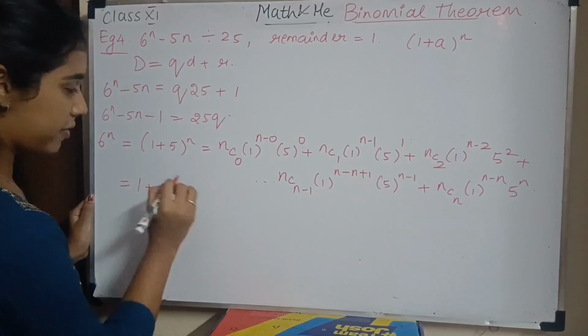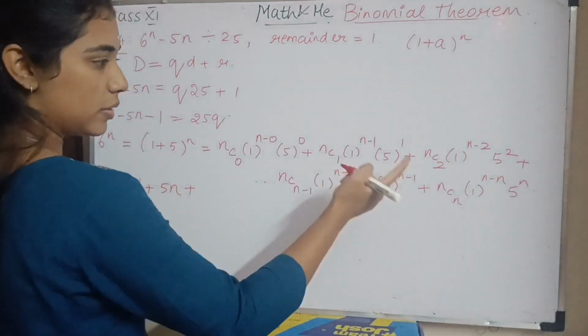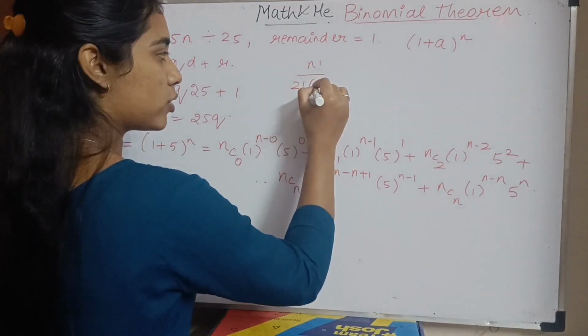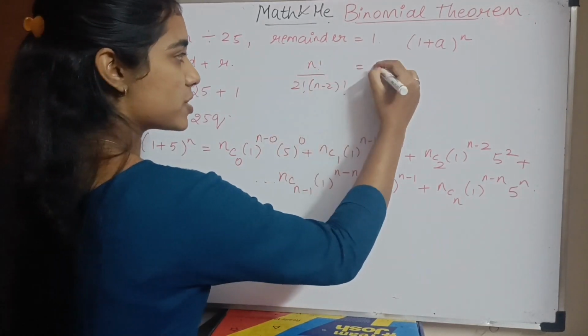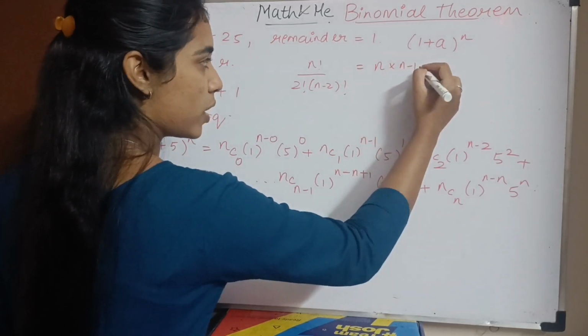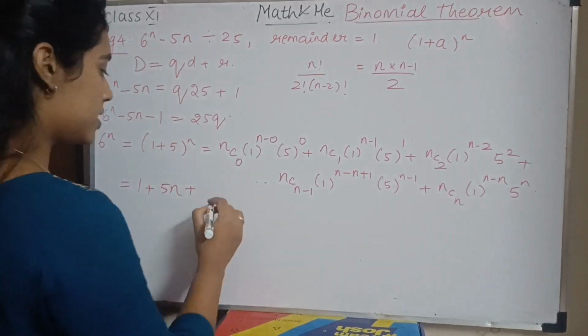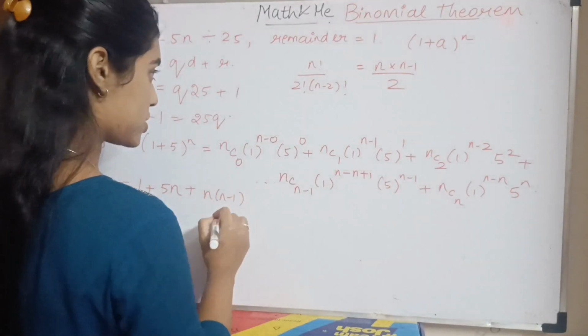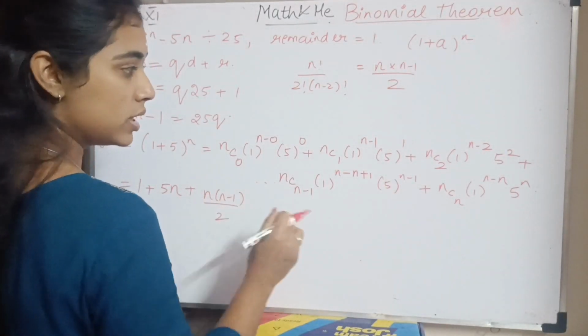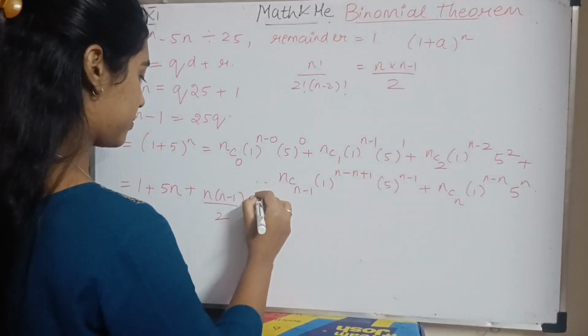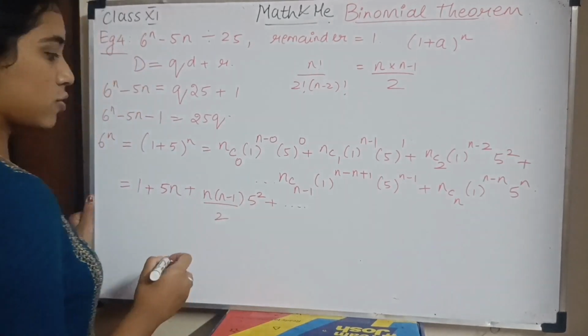So it is 5n plus, what is my nC2? nC2 is n factorial divided by 2 factorial times (n minus 2) factorial, which can also be written as n times (n minus 1) divided by 2 times (n minus 2) factorial. The (n minus 2) factorial goes off. So I have n(n minus 1) divided by 2 times 5 squared. So let me write 5 squared, plus and so on.